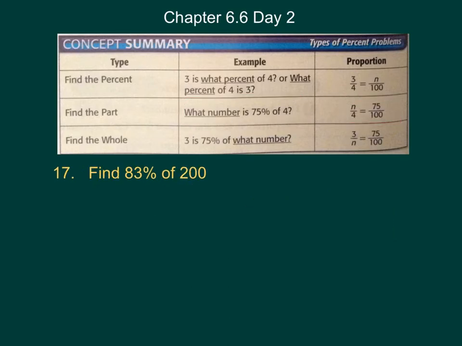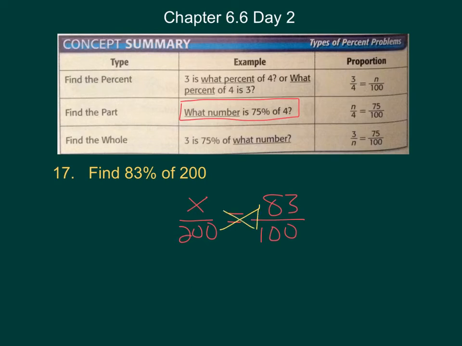Question 17 is just like the last one. Find 83% of 200. So the unknown is what part of 200 is 83%. To cross multiply, we take 200 times 83, divide by 100, and we get x equals 166.